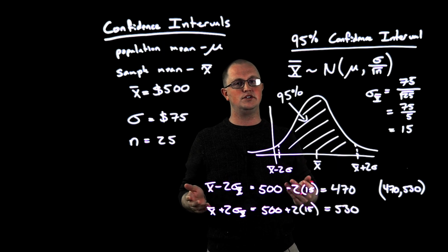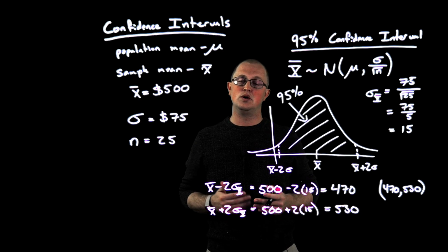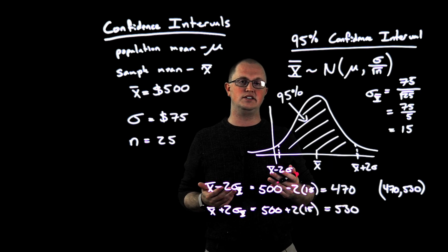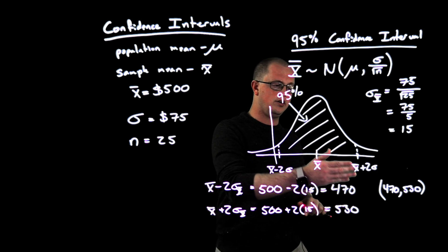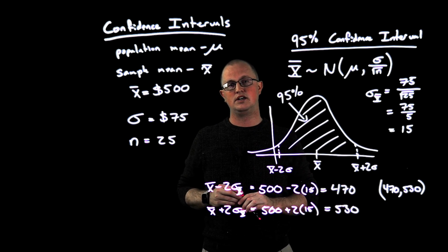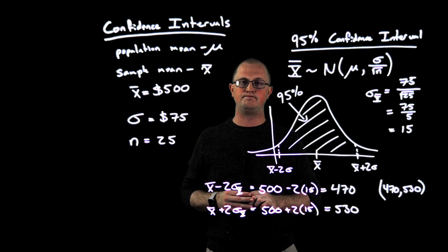While we still don't know the actual value of mu, this does give us some information. We can make decisions about the idea that we're reasonably confident that it's no bigger than 530 and no smaller than 470. So that gives us a place that we can work from.